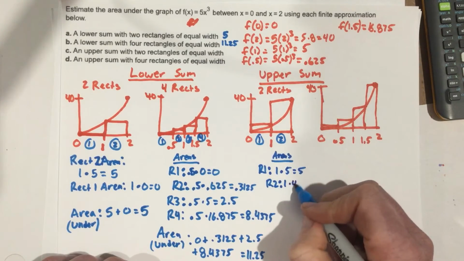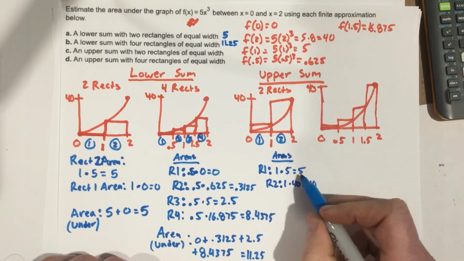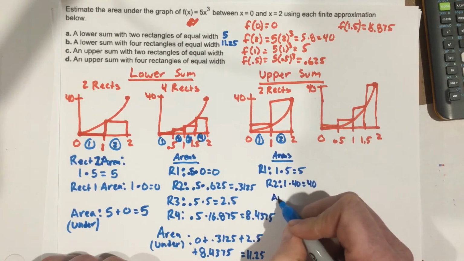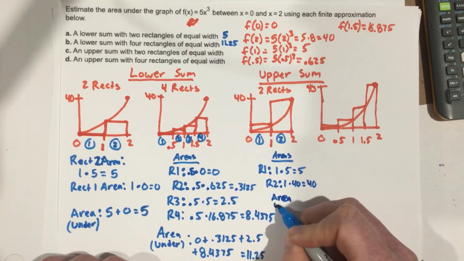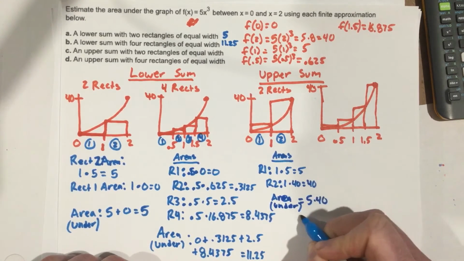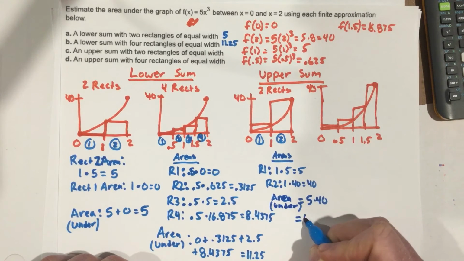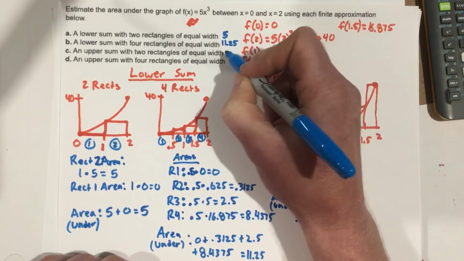So times 40, which is just 40. So we end up with our area being 5 plus 40, which would be 45, or, well, I said 5 times 40, which would be 200. So it's way too big, right?